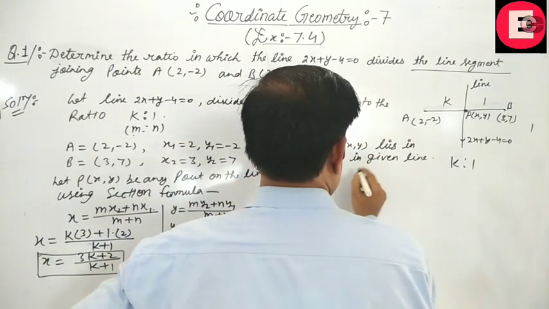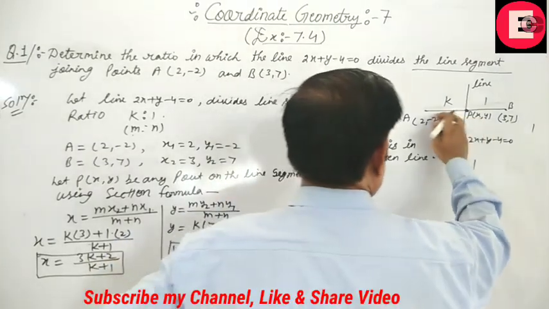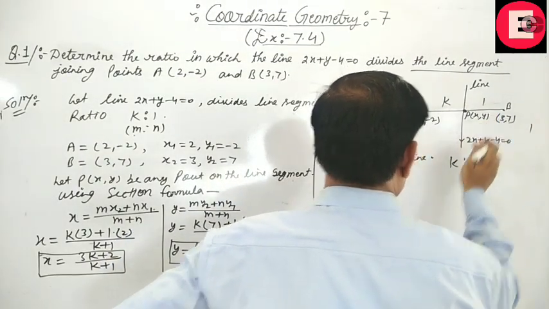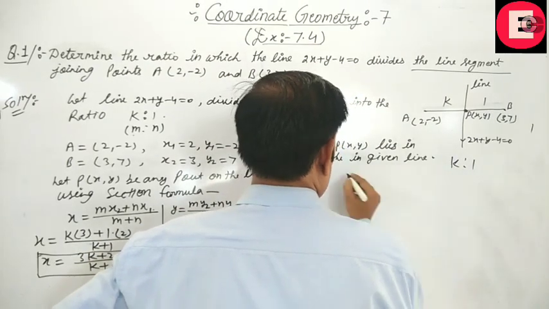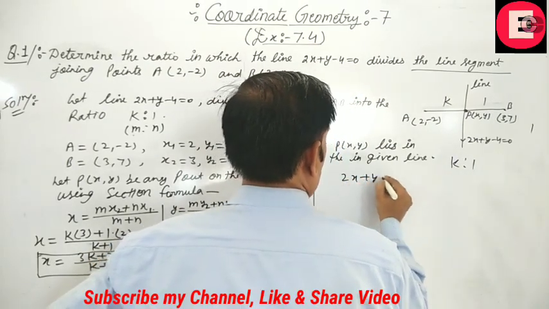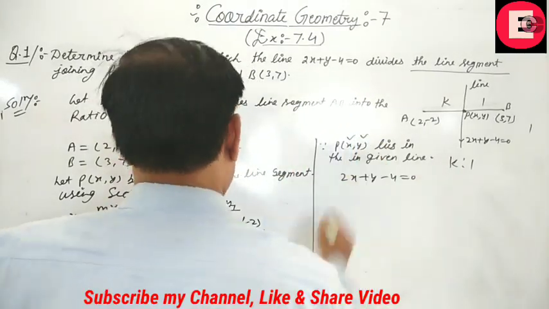So it will satisfy the given line 2x + y - 4 = 0. Put the value of x and y here.